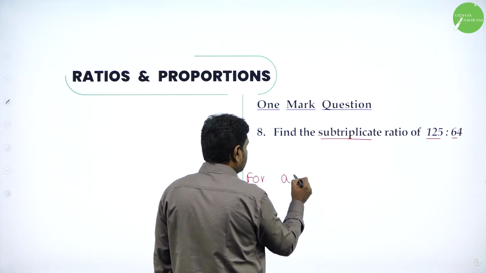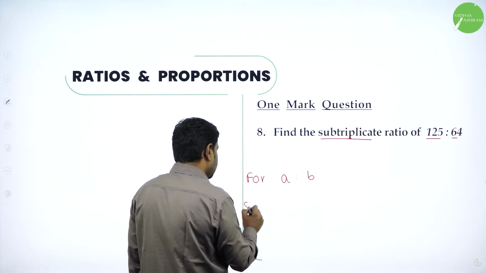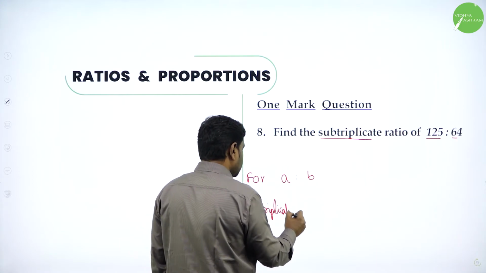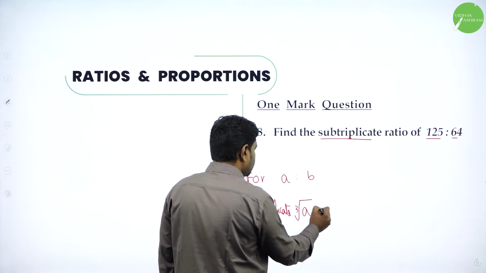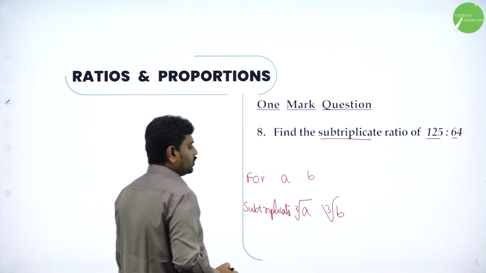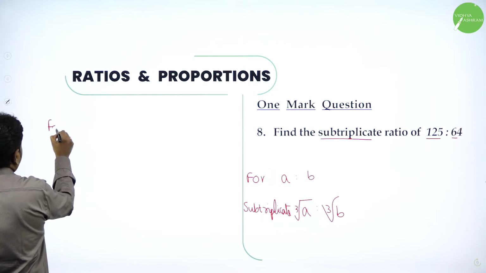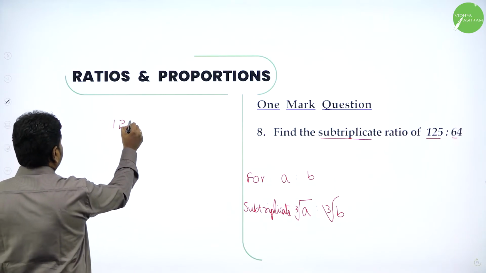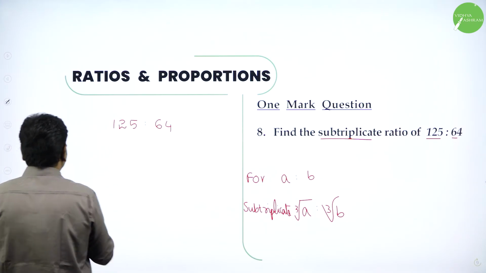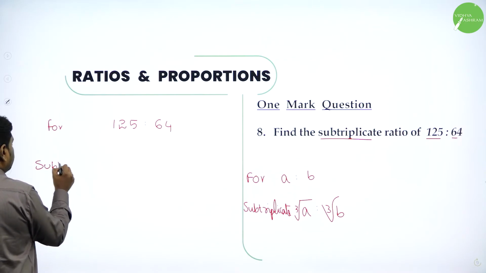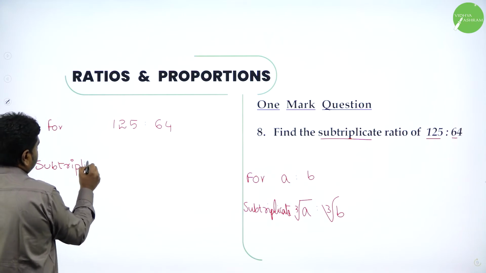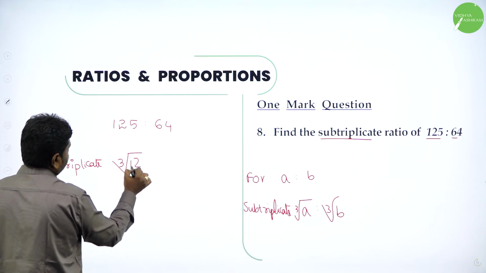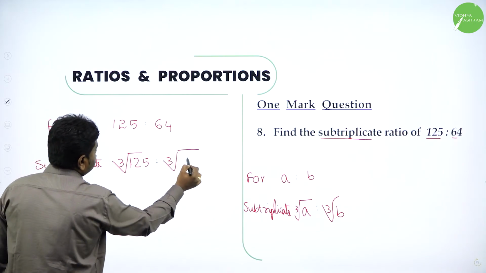For A is to B, the sub-triplicate is cube root of A is to cube root of B. So for the given ratio, 125 is to 64, the sub-triplicate is cube root of 125 is to cube root of 64.